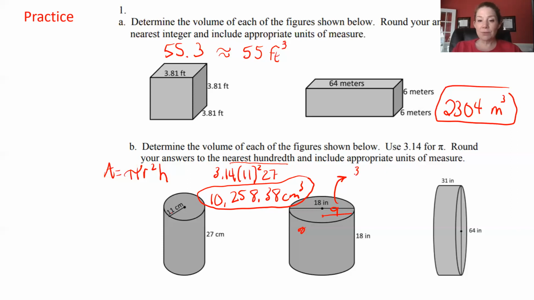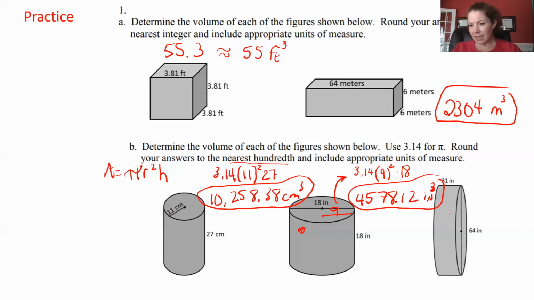So we're going to multiply 3.14 times 9 squared times 18, which is the height. And we get 4,578.12 inches cubed. That's the volume of the middle one.